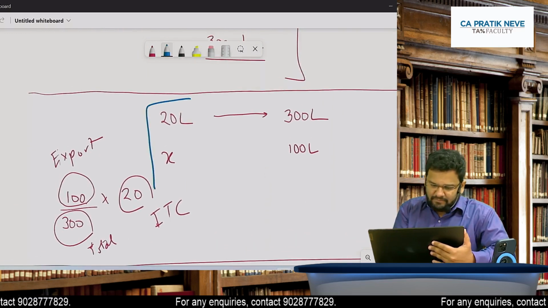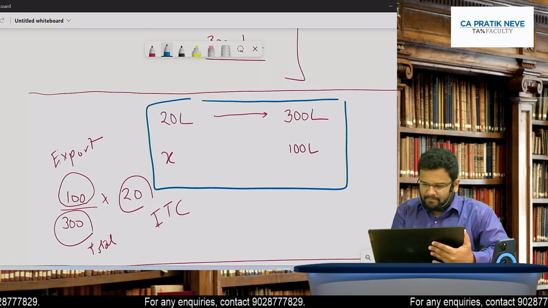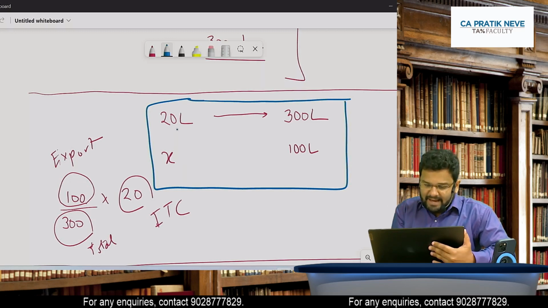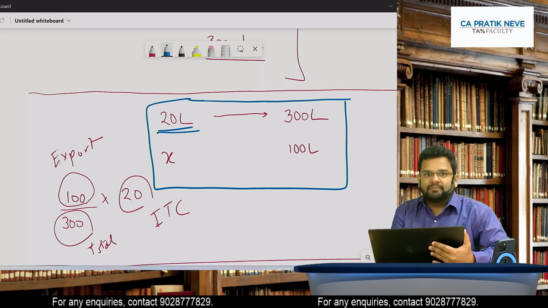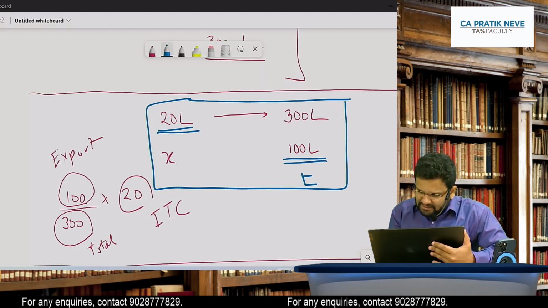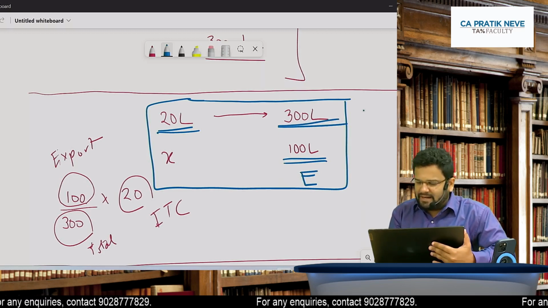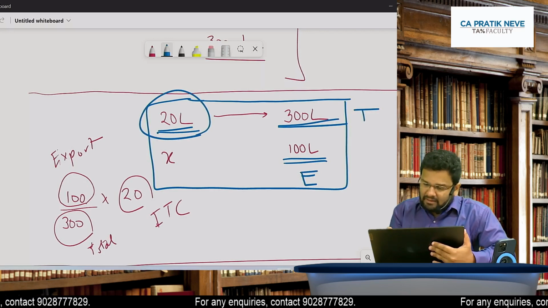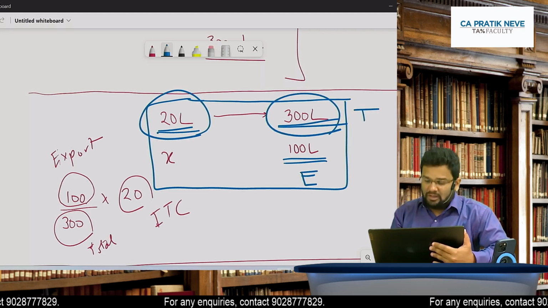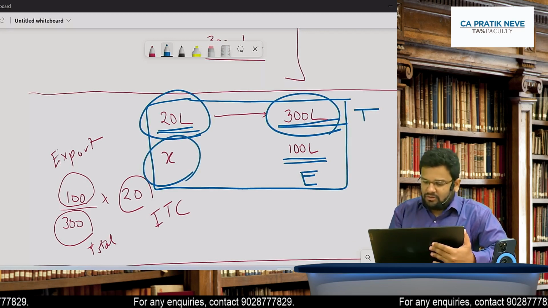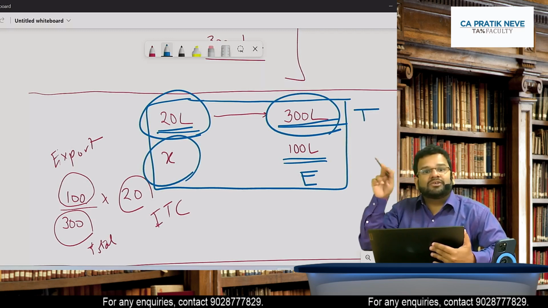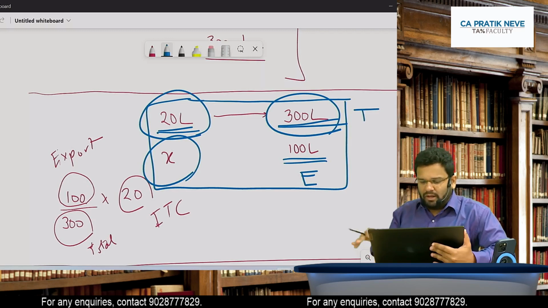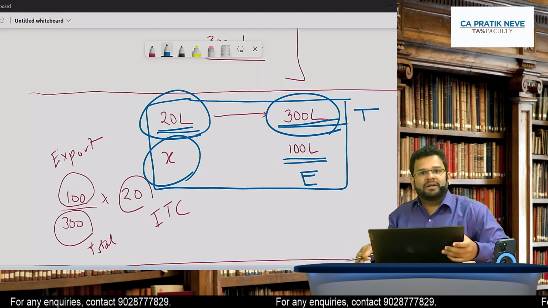I hope that logic is clear. 20 lakh was ITC, 100 lakh was export, 300 lakh is total. So 20 lakh is for 300 lakhs. So how much for 100 lakhs? This is called as unitary method. Yes or no? So you will do 100 into 20 upon 300.